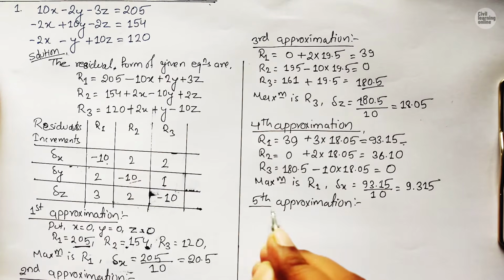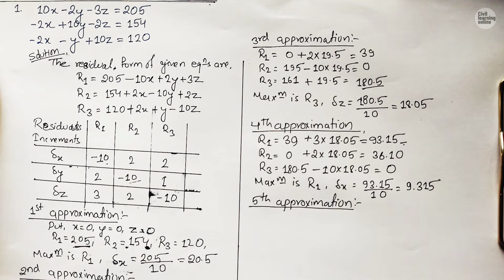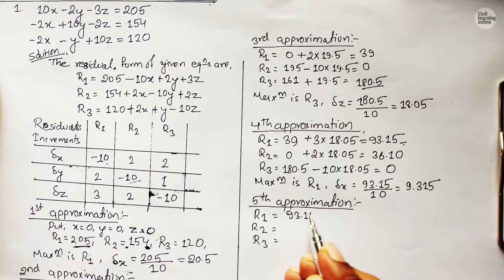we have to do the approximation until we start getting the value of this increment near to 0 or equal to 0. So for fifth approximation we have R1 equals, we will use the value R2 and R3 equals 93.15, 36.10 and 0.